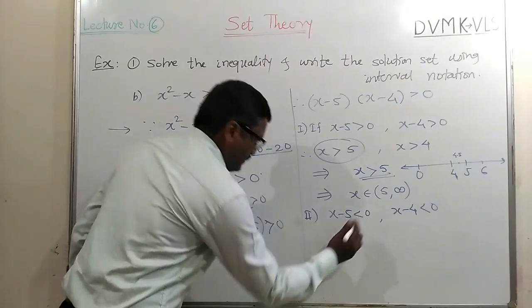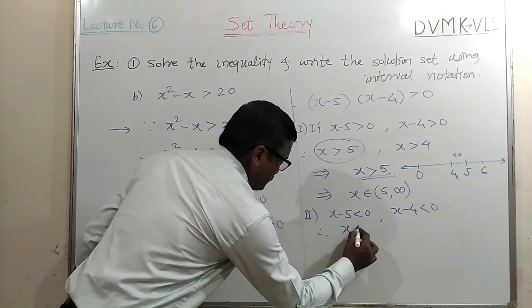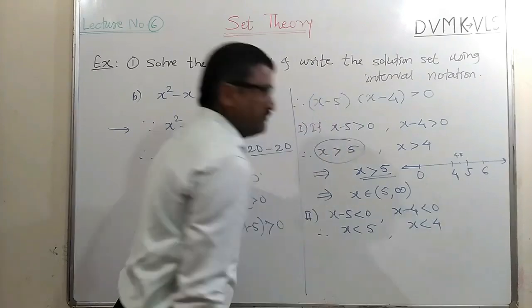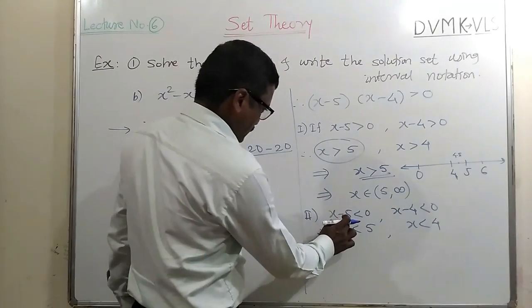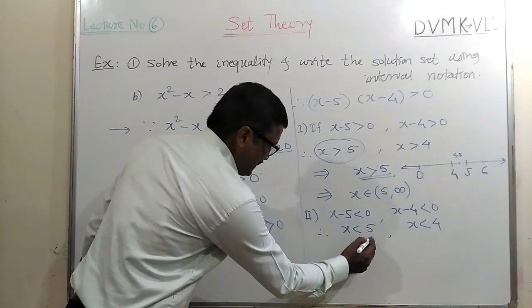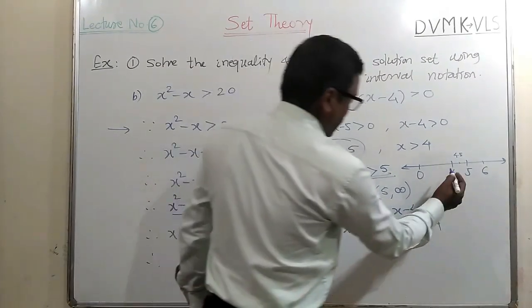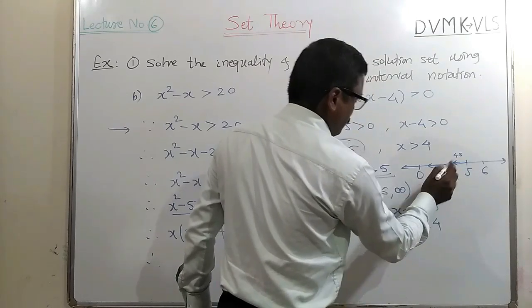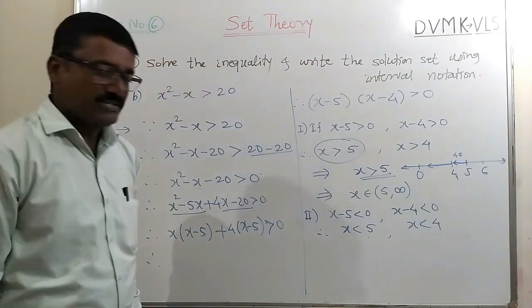So when x minus 5 is negative, we can write x is less than 5. Here x less than 4. It is similar to taking this negative 5 to the right, where it becomes positive 5. So x is less than 5, x less than 4. x is now less than 4 and it is also less than 5. So which one is most correct?